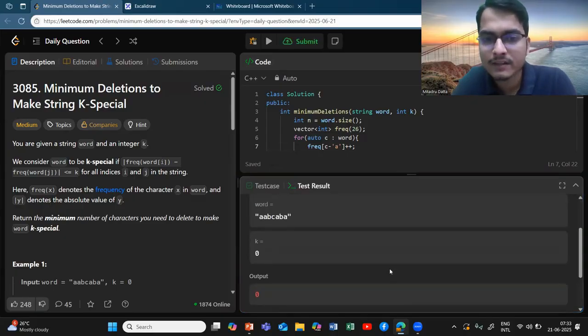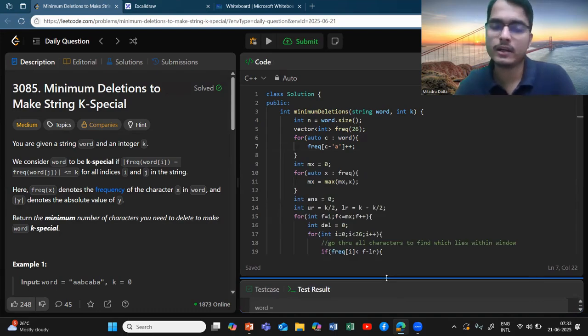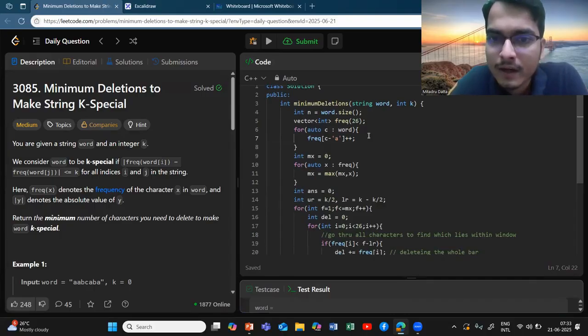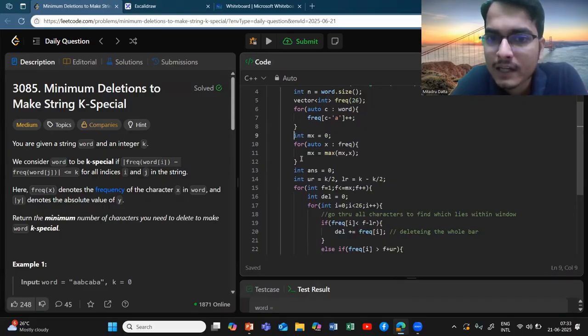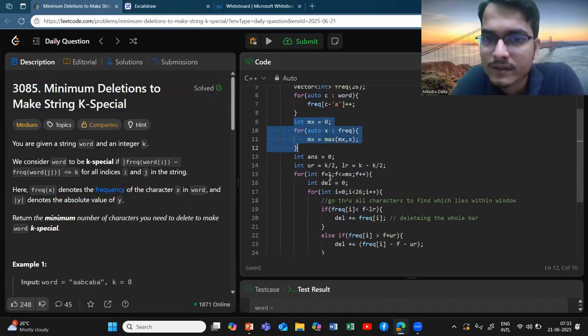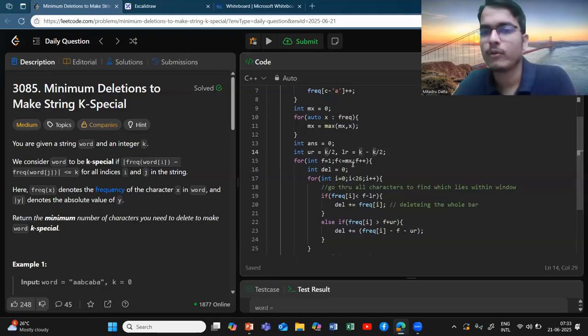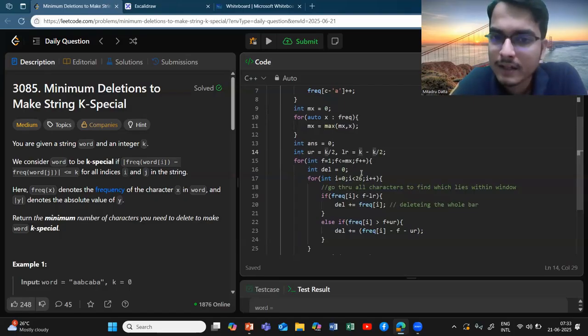We are getting a wrong answer now, so definitely there is some error in the logic. Let's try to check from the beginning. Frequency of 26, we have this thing, and we are calculating the maximum value of frequency. Answer is initialized to 0. We have k, the upper limit and the lower limit. Okay, so as I am checking all the ranges of f, I need to find the number of deletions. So what is the frequency of I?